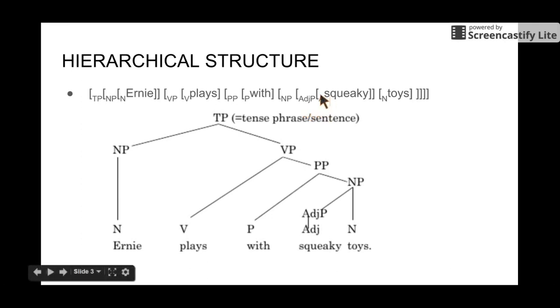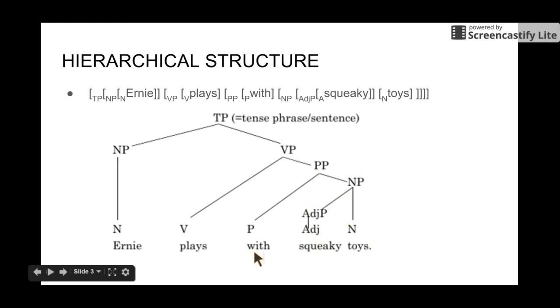And then this phrase combined with the N, the single word toys, becomes an NP, squeaky toys. Now we have a nested construction as well. So toys itself is a constituent, and squeaky toys is another constituent.